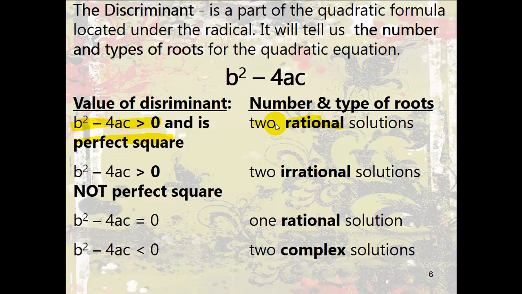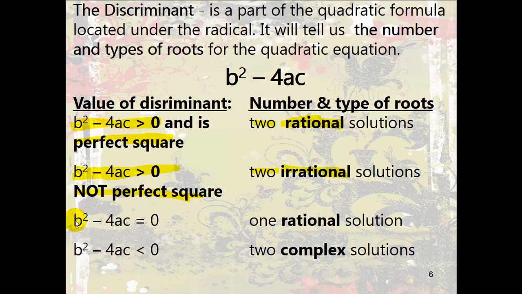The number is 2, and they're rational. If b squared minus 4ac is positive, but not a perfect square, then we're going to get two solutions that are irrational, two irrational solutions.